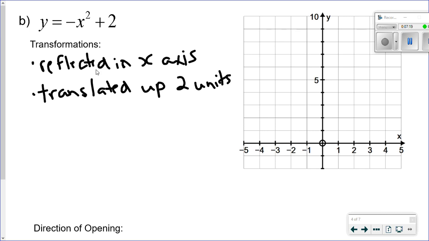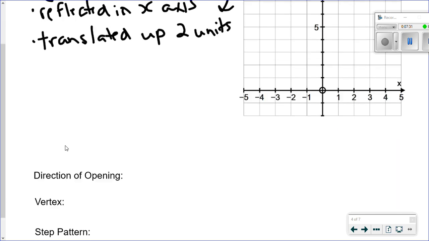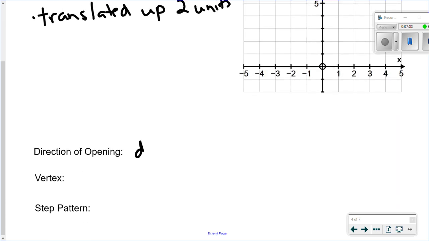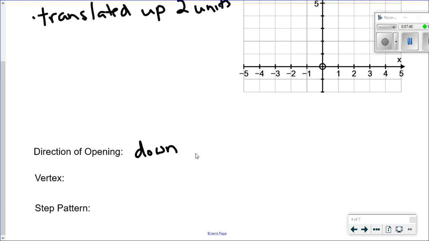Okay, so the negative sign tells us it's reflected. The plus 2 tells us it's moved up 2 units. So since it's a negative, it opens down. We haven't done any left to right switches. So once again, that was a 2.